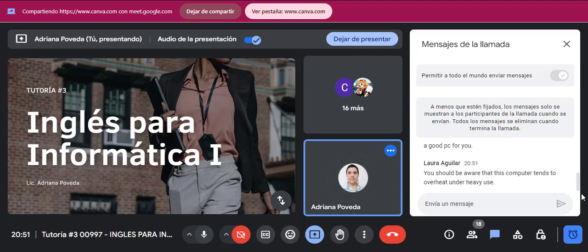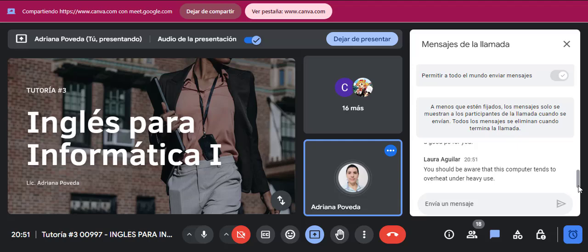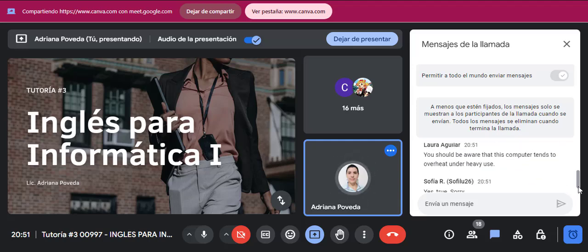Very good. Laura wrote, you should be aware that this computer tends to overheat under heavy use. Good, Laura. In this case, you don't have the conjunction, but the sentence is correct. Okay, perfect.